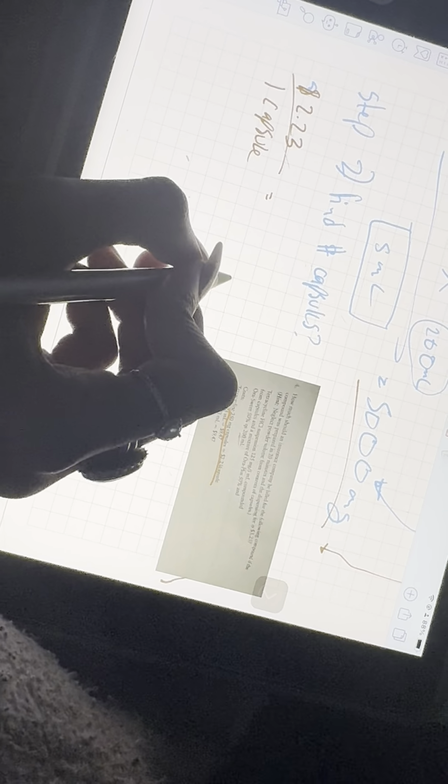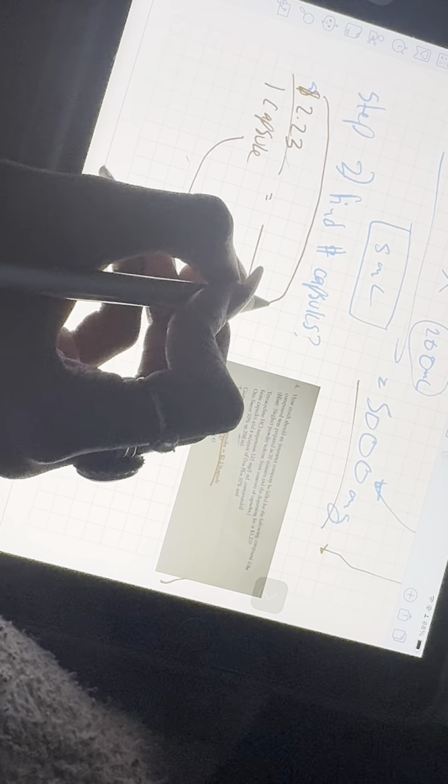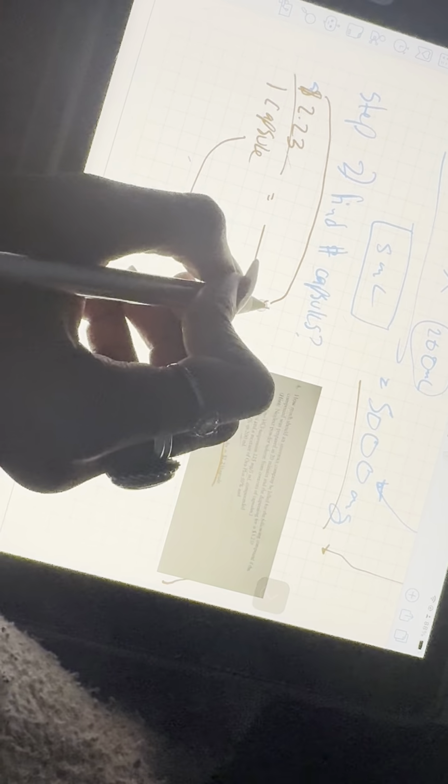That equals capsule. Remember, they always have to match on the other side. So, okay, what are we missing? We're missing the amount of capsules.